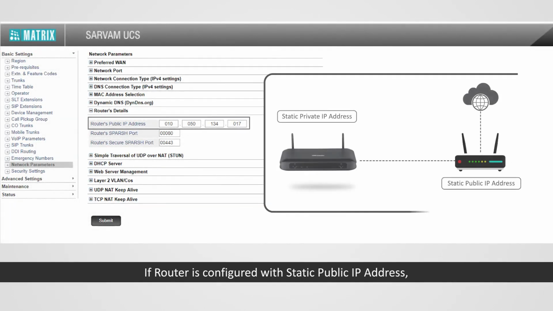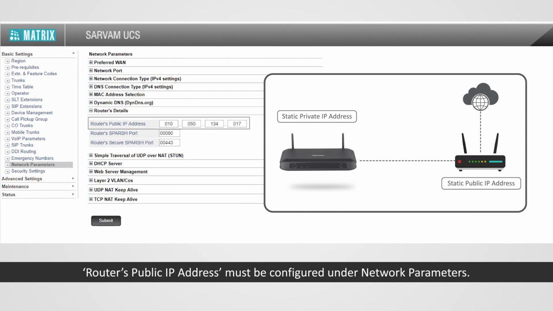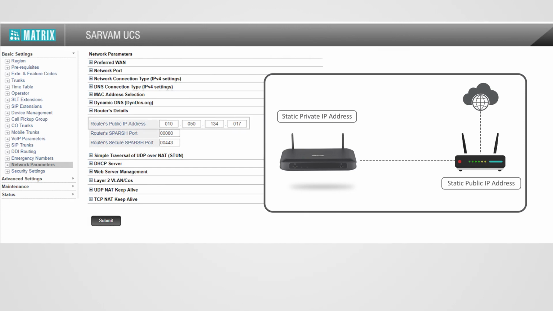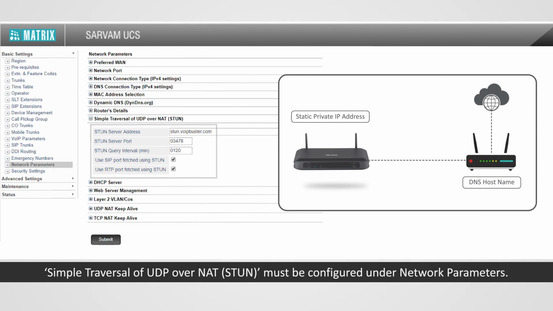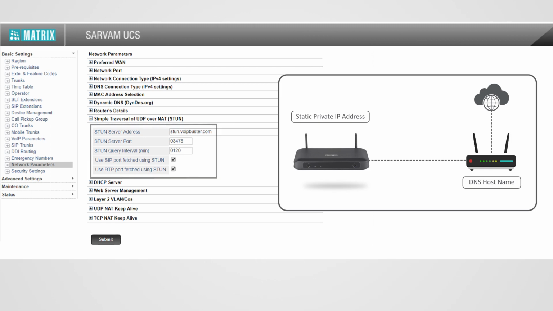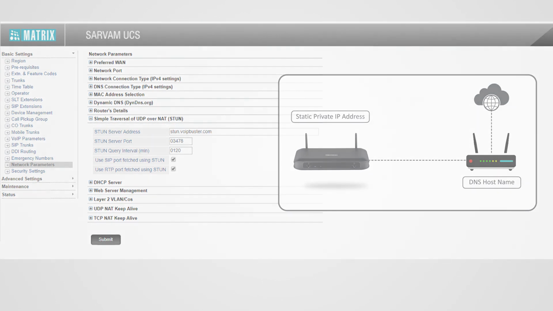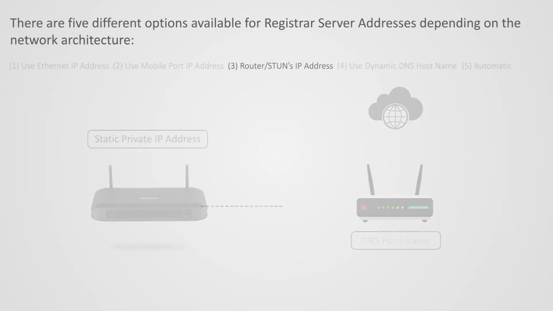If the router is configured with a static public IP address, the router's public IP address must be configured under network parameters. If the router is configured with a dynamic DNS hostname, simple traversal of UDP over NAT, STUN, must be configured under network parameters. 4.